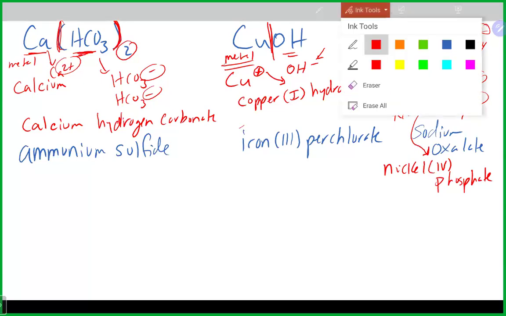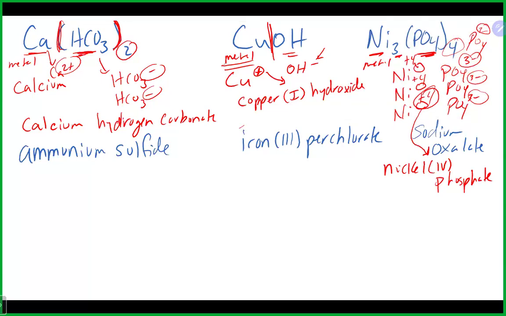All right, if we were given the formula, we again just work backwards, much like what we did previously. In this case, we do see ammonium, which tells us it's a polyatomic ion. Sulfide, so we do know it's an ionic compound. So we once again just want the basic ions that make these up.